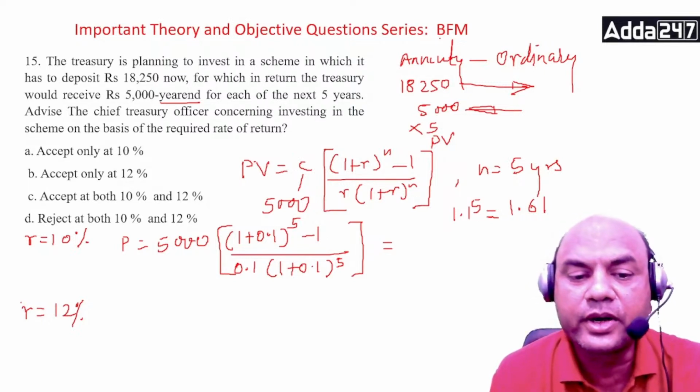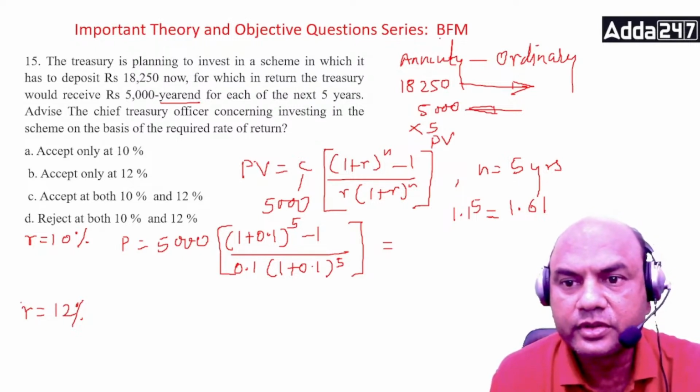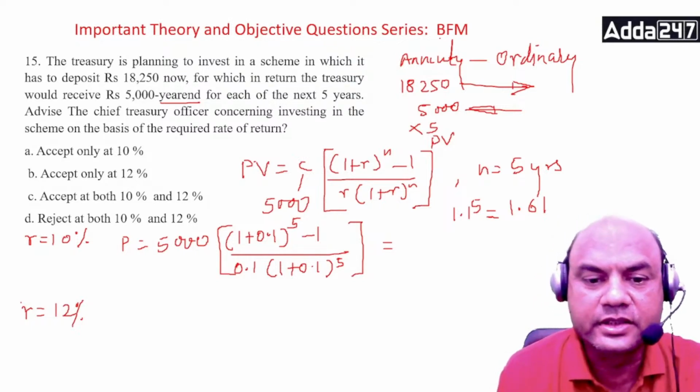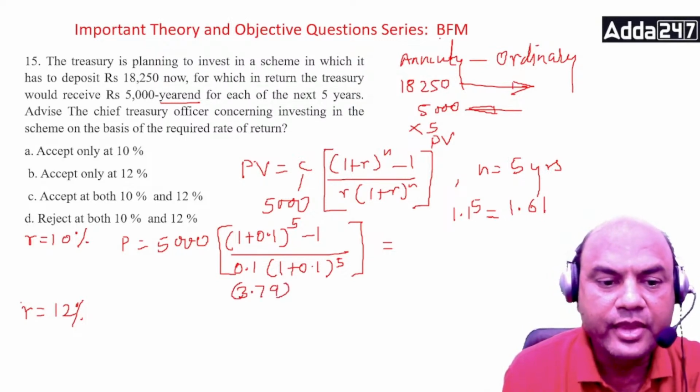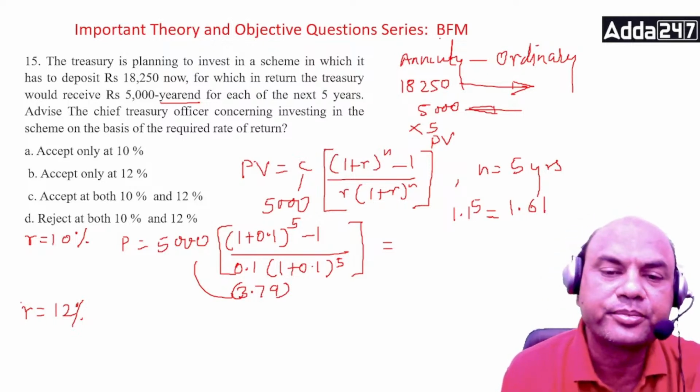So this part is coming out to be 3.79. So that into 5000 now. If you multiply this, what will you get?